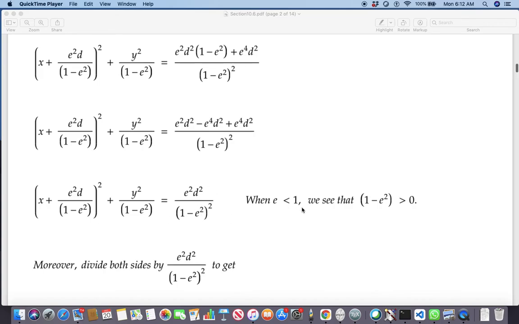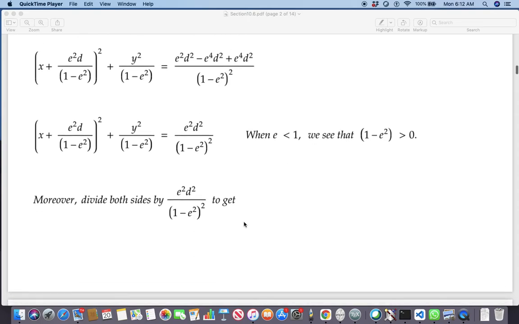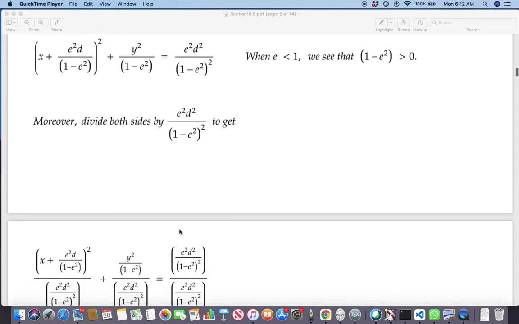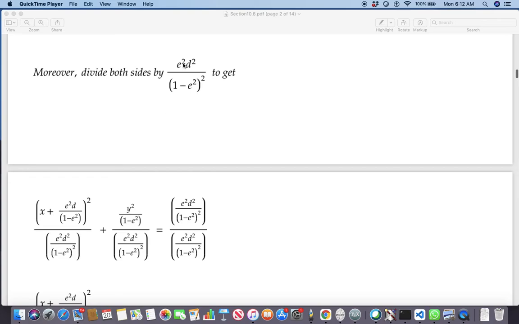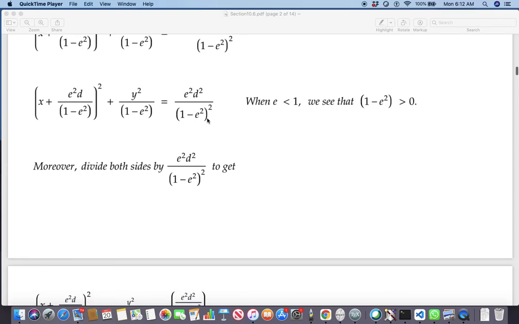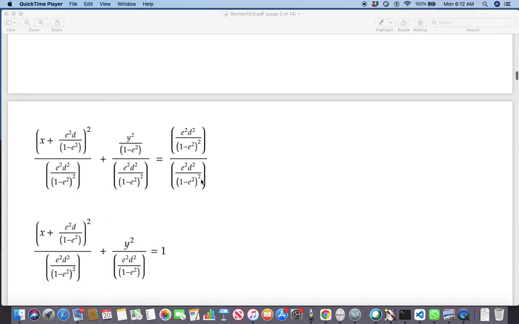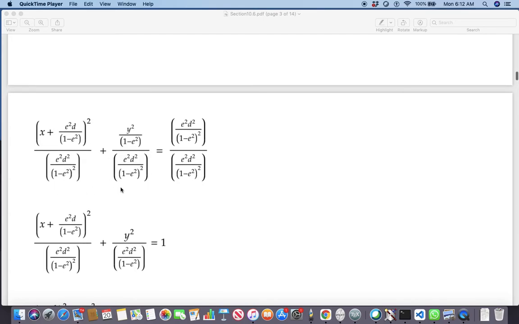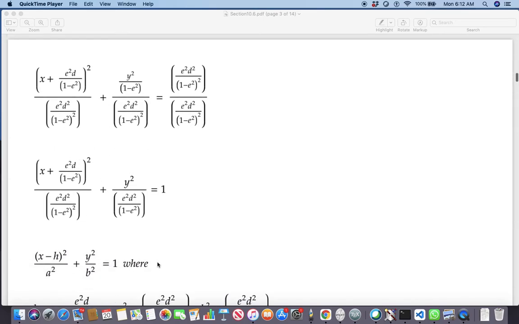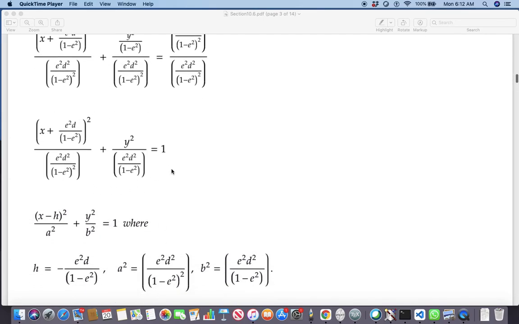When e is less than 1, this quantity is positive anyway, because of the square. Now you divide the right hand side throughout. So this looks more and more like what we are used to, a conic.